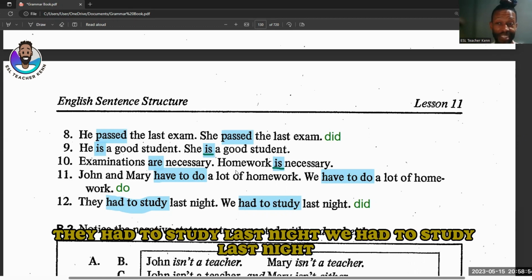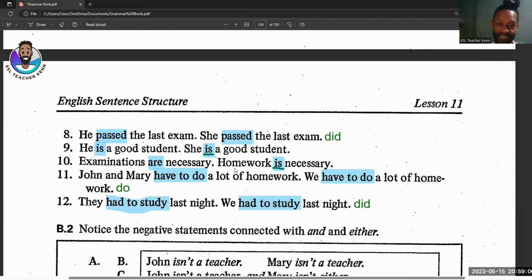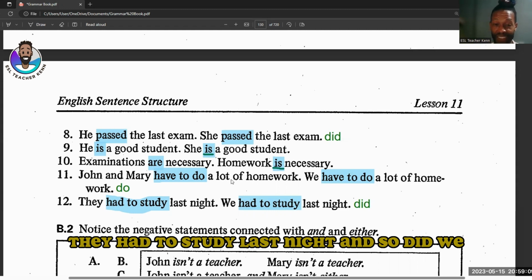They had to study last night. We had to study last night. They had to study last night, and so did we.